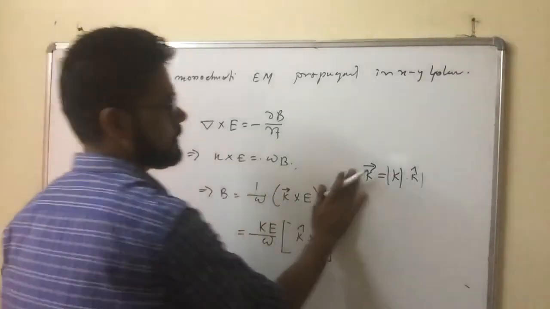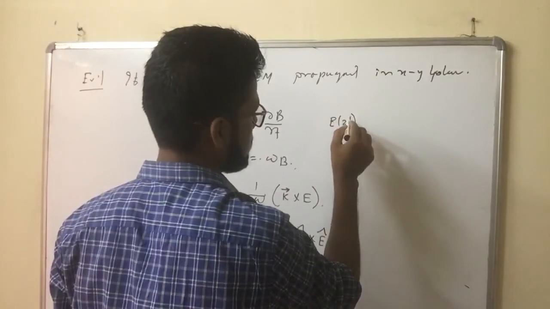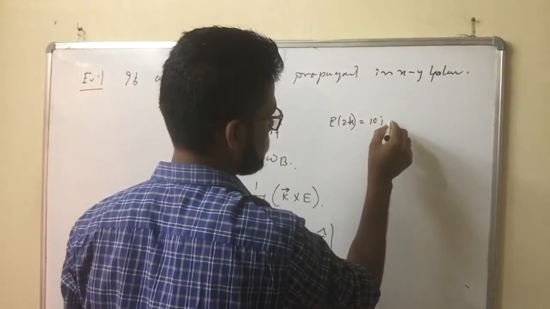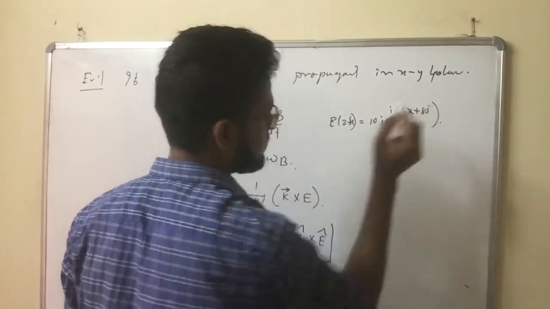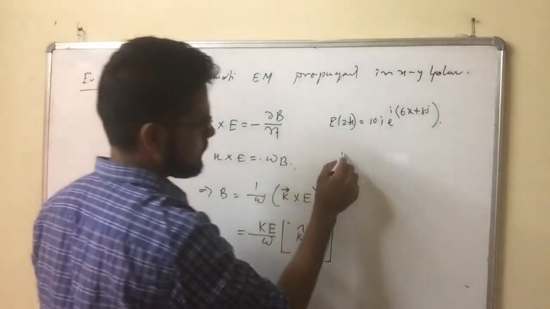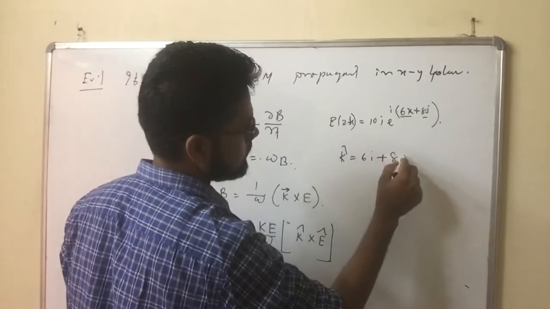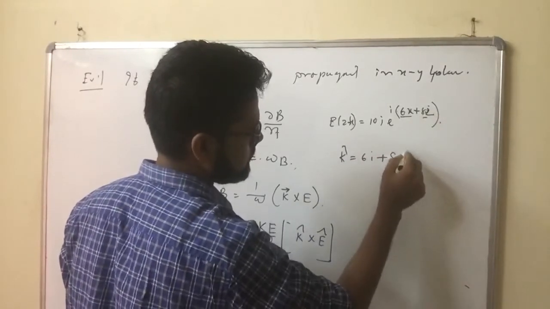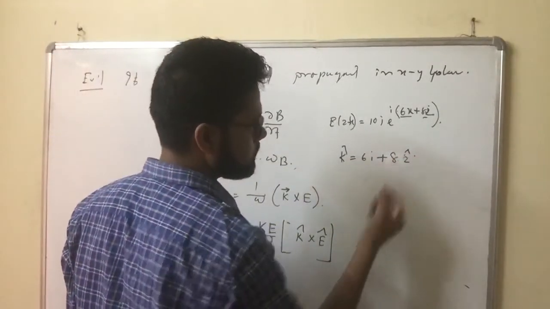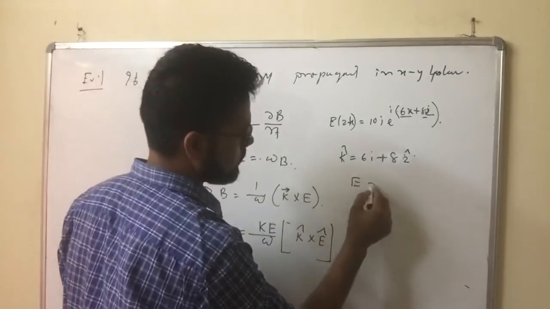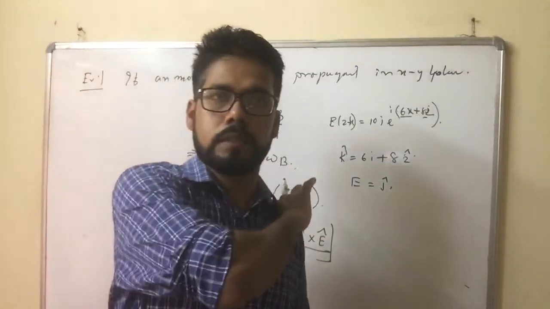So k cap is, and in the example I have given you E(z,t) equal to 10 j e to the power i(6x plus 8z). This is given. So k cap means 6i plus 8k, this is k cap. If you get confused, you can write z cap also, no problem. And the direction of E is j cap. You put this value and take the cross product, which is the answer. And the rest of the things will remain the same.